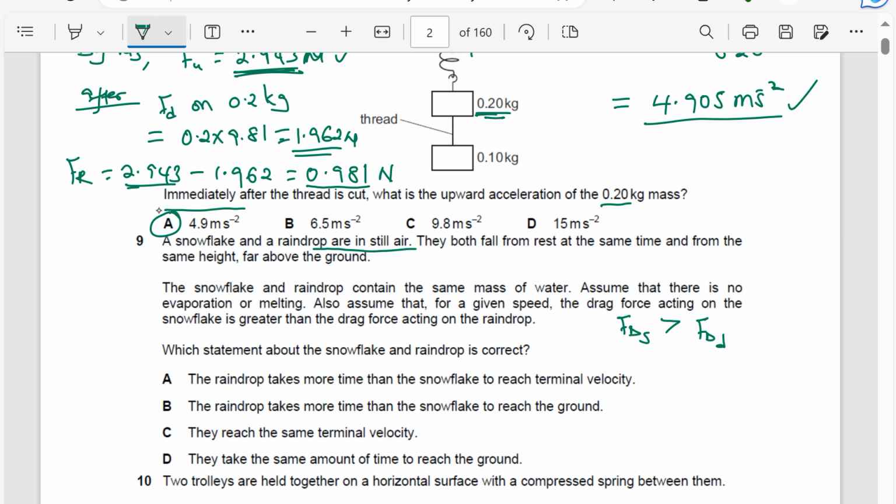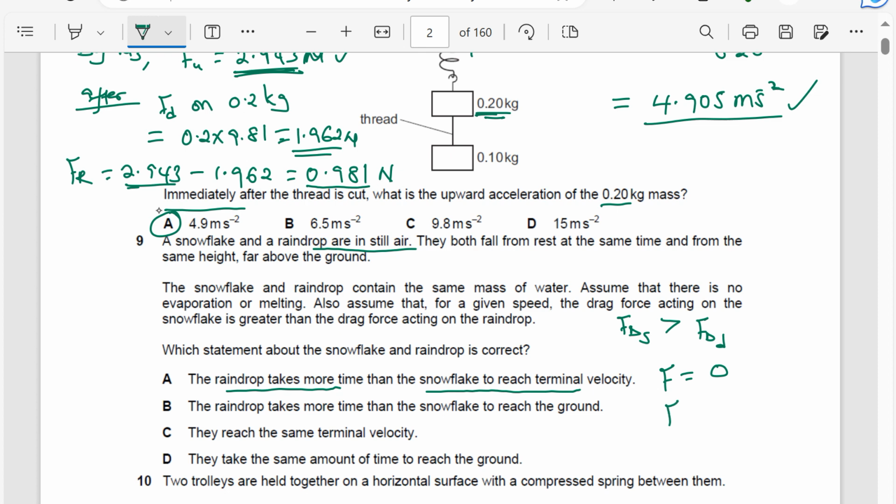The raindrop takes more time than the snowflake to reach terminal velocity. Okay, so to reach terminal velocity, of course, the resultant force must be equal to 0.